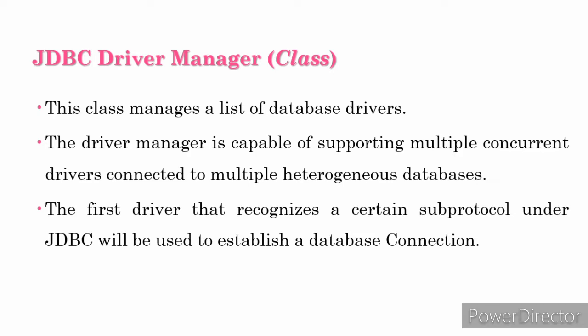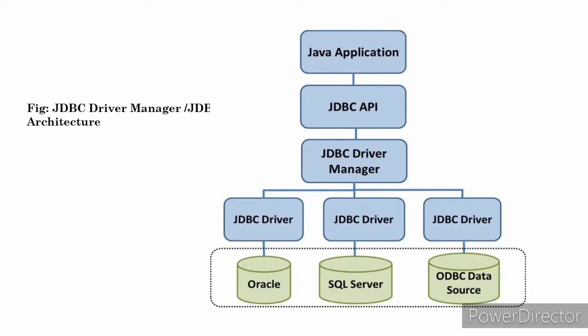This is the JDBC driver manager, or we can call it the JDBC architecture. This shows how the Java application and JDBC connect with the databases. First, the Java application communicates with the JDBC API. The JDBC API mainly communicates with the JDBC driver manager.